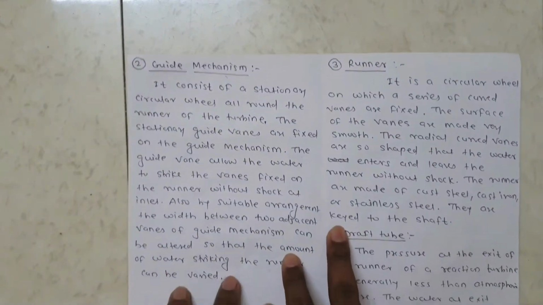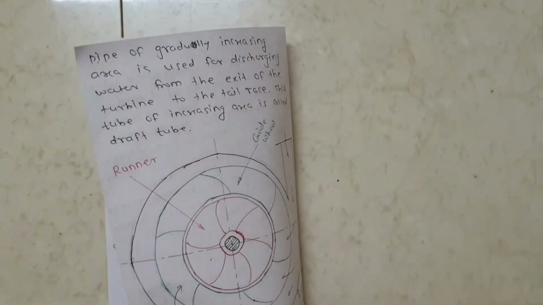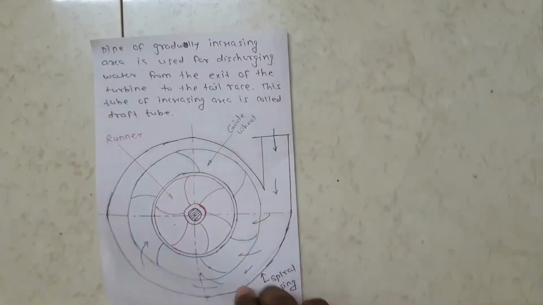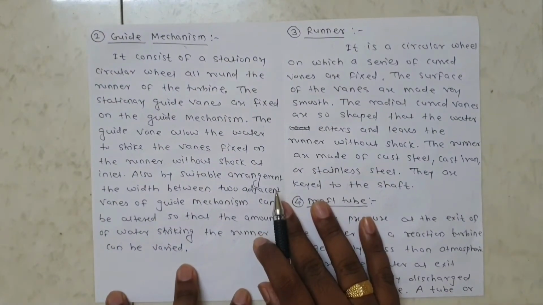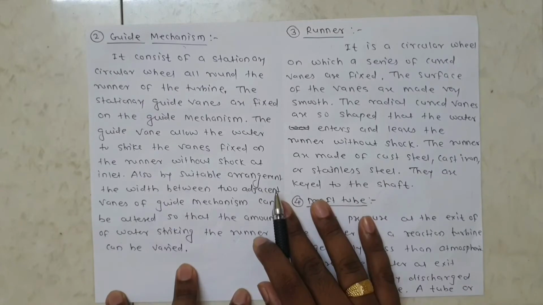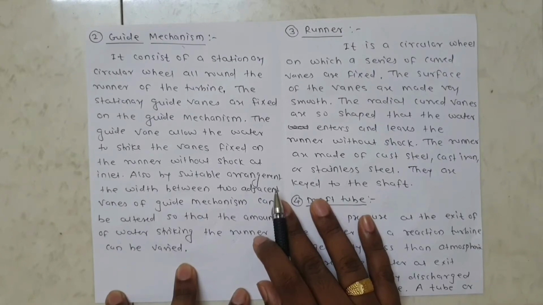The second part is the guide mechanism. It consists of a stationary circular wheel all round the runner of the turbine. The stationary guide vanes are fixed on the guide mechanism.